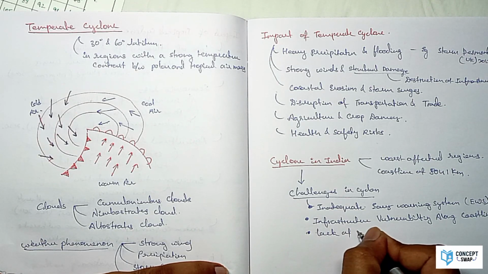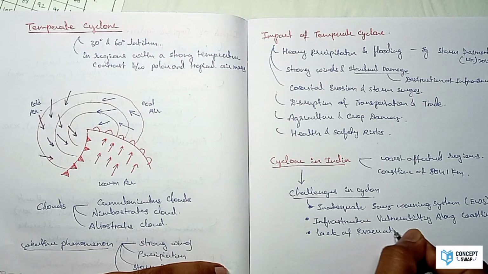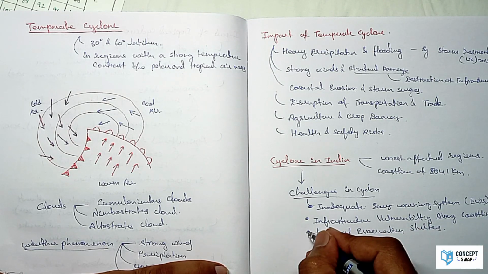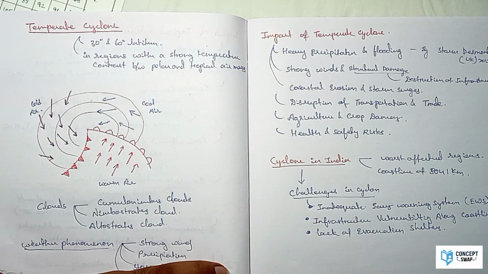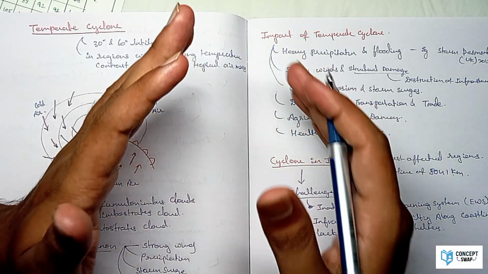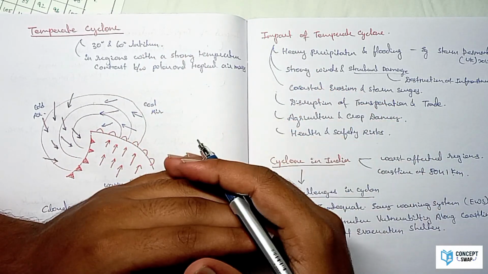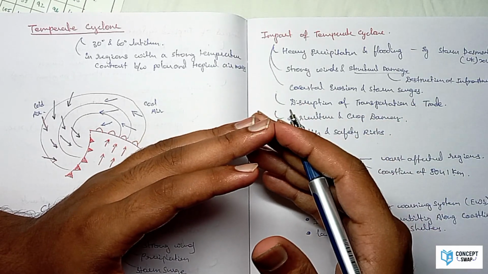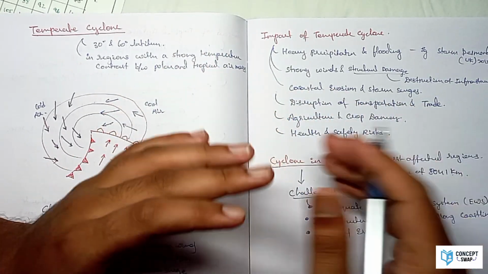Okay, lack of evacuation shelters. You know that the government will evacuate people, like NDRF and SDRF will evacuate the people, but there is a certain time limit, like in floods. So before the NDRF or SDRF can move, the people are washed away by the water.